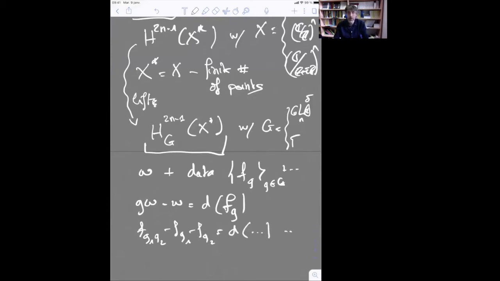So you enrich your class a lot, and this enrichment will quickly lead us to consider a cocycle with values in the cohomology of the fiber, which will be X star.